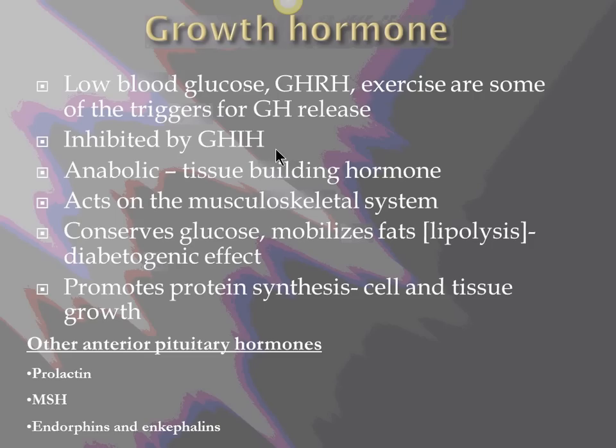Exercise also, especially in young children, helps spurt growth, so it causes growth hormone release. A lot more growth hormone is produced during sleep, which is why they say babies need to sleep for really long hours, because it helps production of growth hormone.